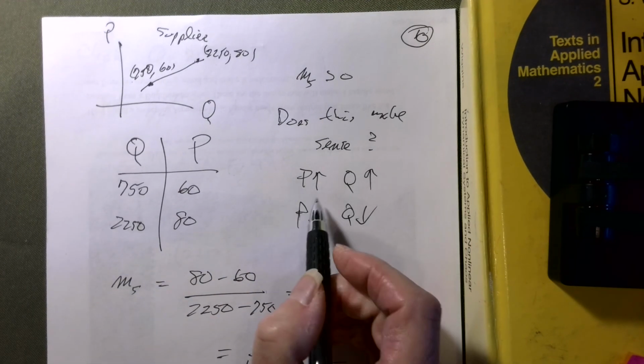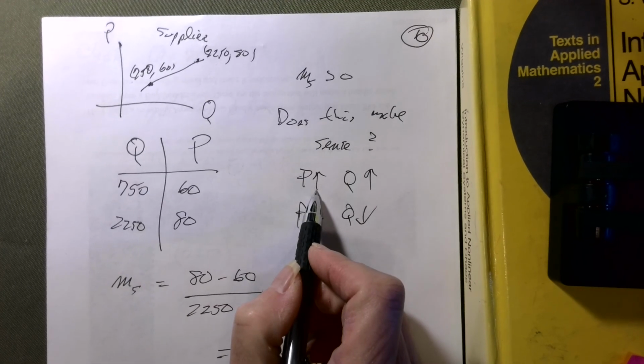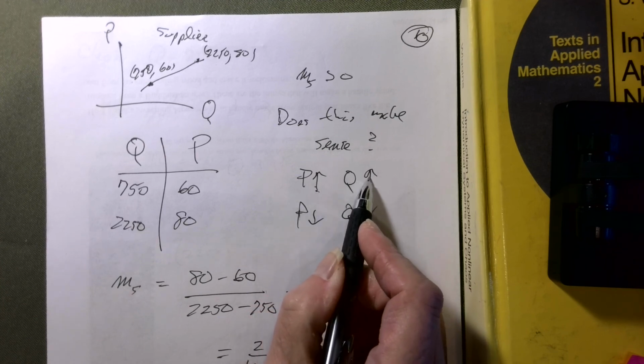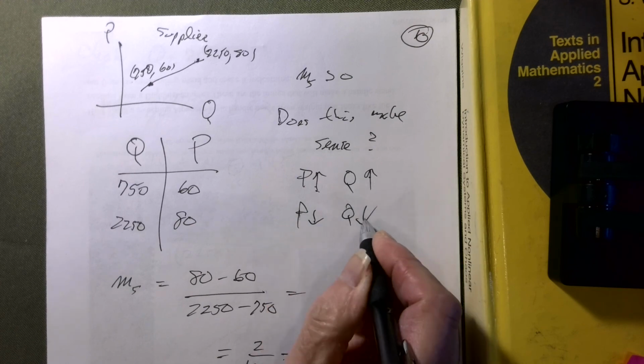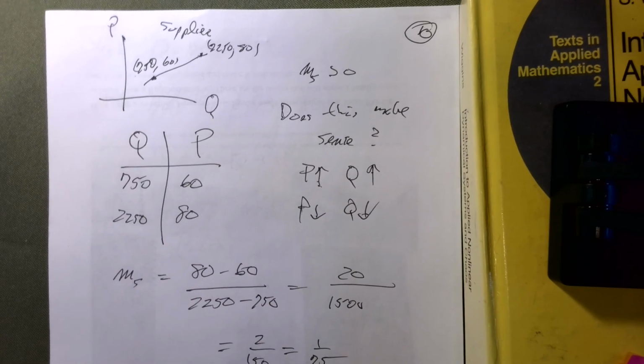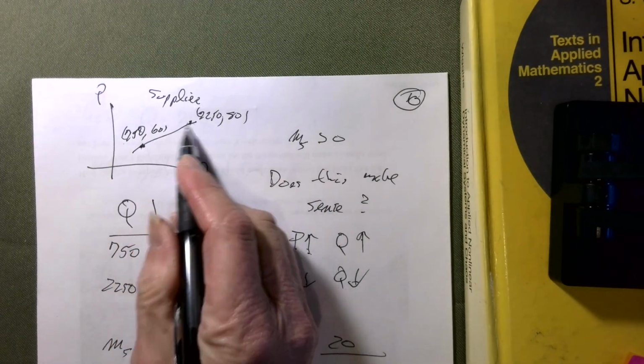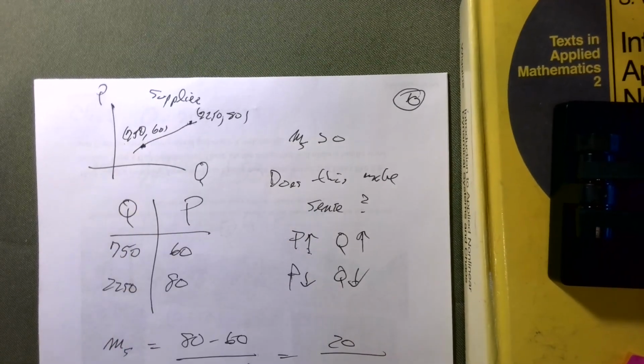And that makes sense because if the price goes up, I'm willing to produce more. Price goes down, I'm willing to produce less. So when we try to figure out what the slope is, this has to be a positive number.